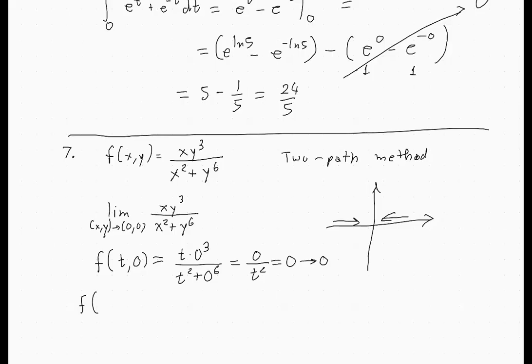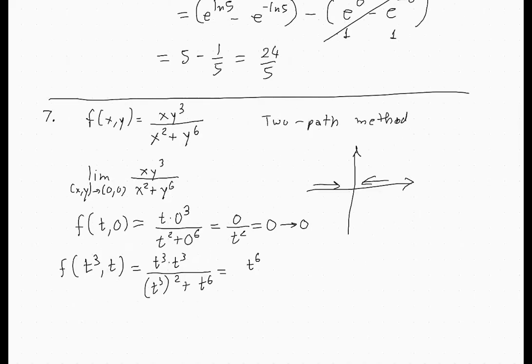So this will be something like t cubed comma t, and this will be t cubed times t cubed over t cubed squared plus t to the 6th. Again, if you've never seen this before, it looks strange, but hopefully it's not the first time that you see something like this, which is 1/2, and that tends to 1/2.